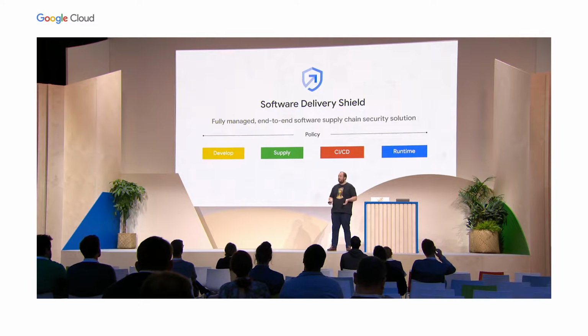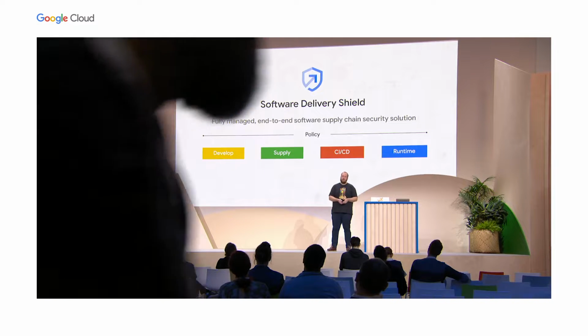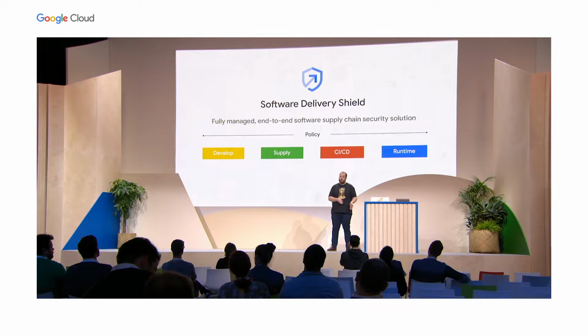Software Delivery Shield supports your security advice directly in your IDE and workstations. It helps you by managing the security posture of your dependencies. It provides out-of-the-box security capabilities to your build pipelines. And it helps you with security posture management on your runtimes, like GKE and Cloud Run. And with the trust-based policy system, you're able to connect all of those individual parts together.